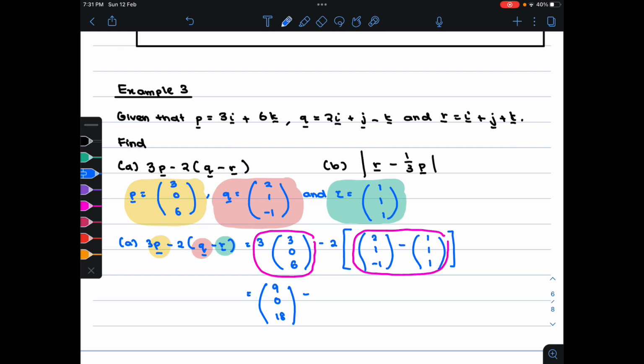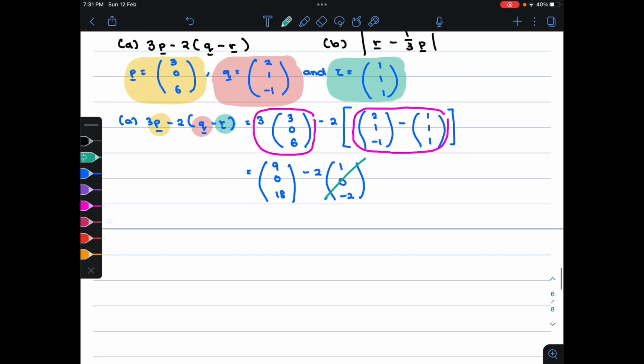So it's going to be minus 2 times (Q minus R). Then we can also simplify 2 times (1, 0, negative 2). So it's going to be (9, 0, 18) minus (2, 0, negative 4).